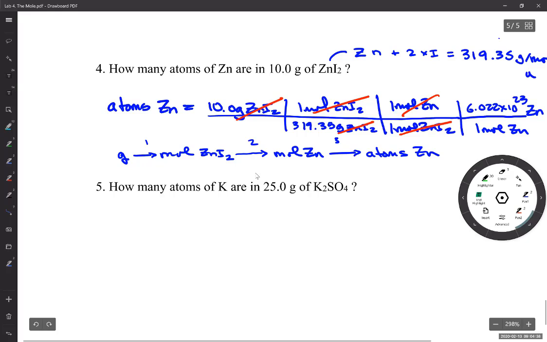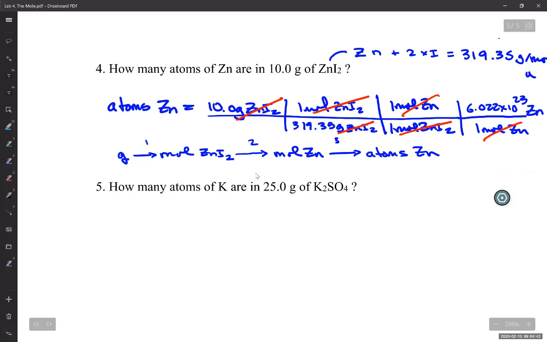And that cancels that. So in step number 2, that's the formula ratio. That's what that's called.